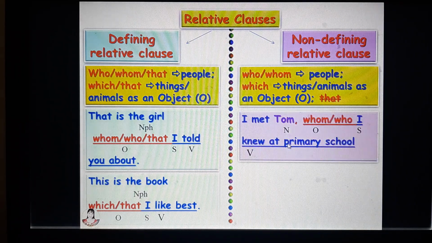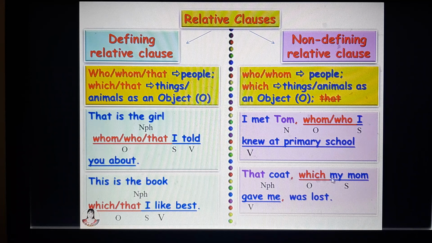For example, I met Tom, whom I knew at primary school. I met Tom, who I knew at primary school. Tom is a proper name, so we have to use one comma. Whom I knew at primary school is a non-defining relative clause.